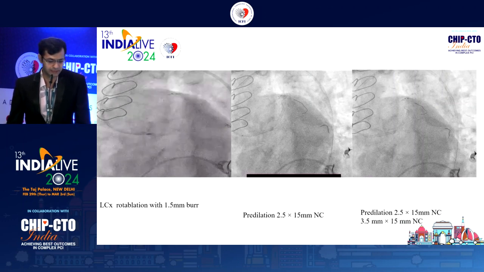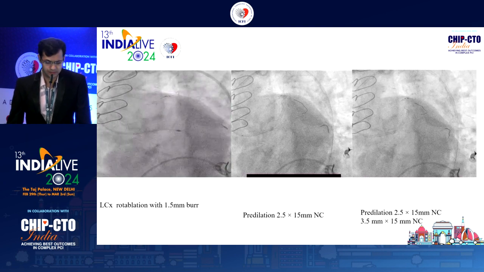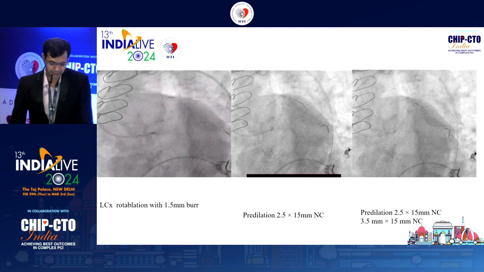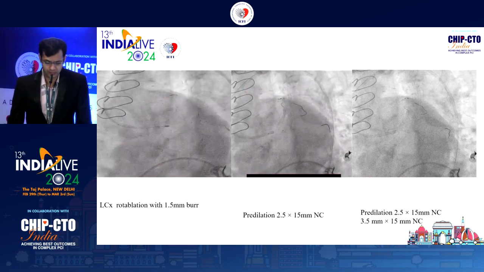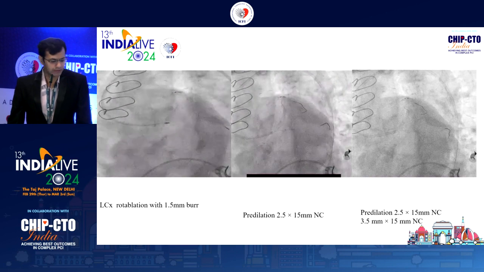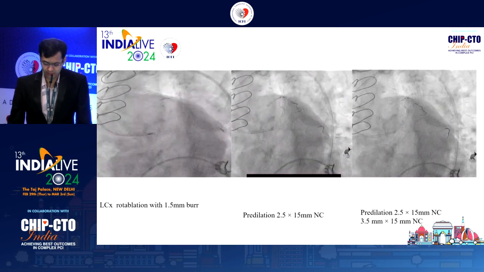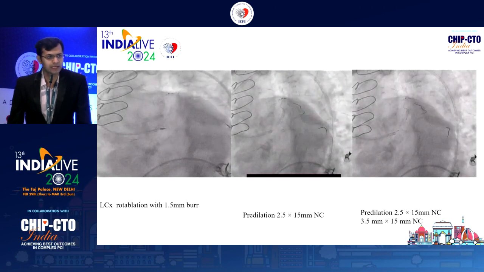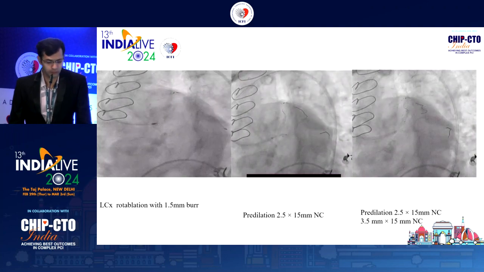We can see there was some difficulty in rotablating the circumflex, but again we were successful. Subsequently, we pre-dilated both of these with 2.5 millimeter non-compliant balloons. Then we did intravascular imaging, which I'll be showing in the next slide. Following the intravascular imaging, we dilated the LAD with a 3.5 millimeter non-compliant balloon and a 3.5 millimeter Wolverine cutting balloon.